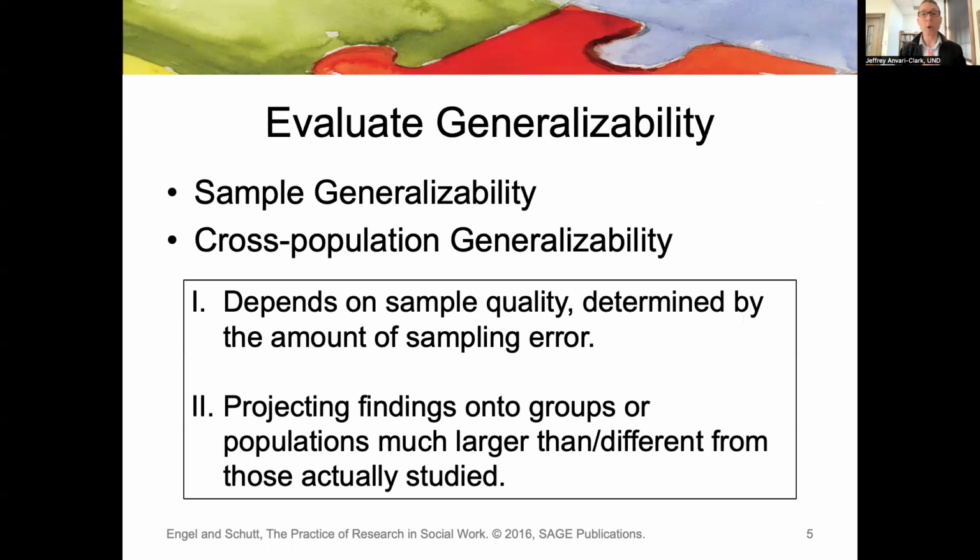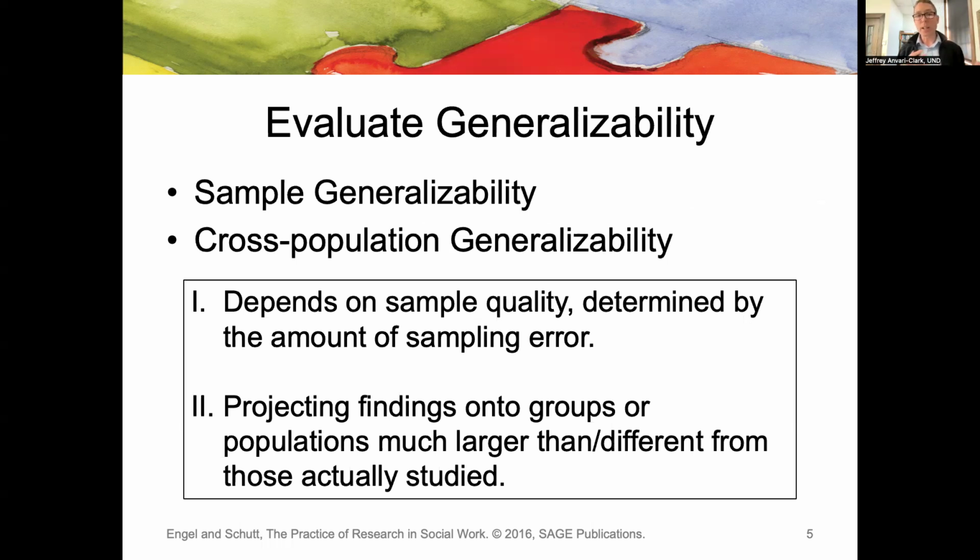Ultimately, the point of all of this is generalizability. We want to be able to understand what is going on. Can we extrapolate all of this to say, okay, here's what's happening in the larger society?